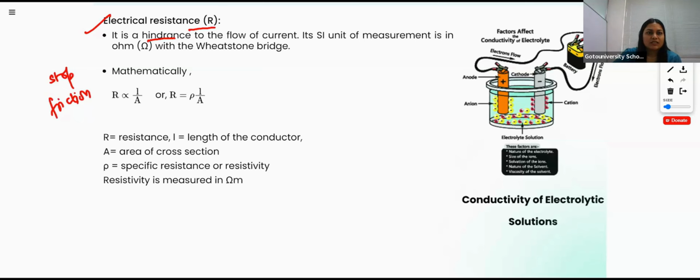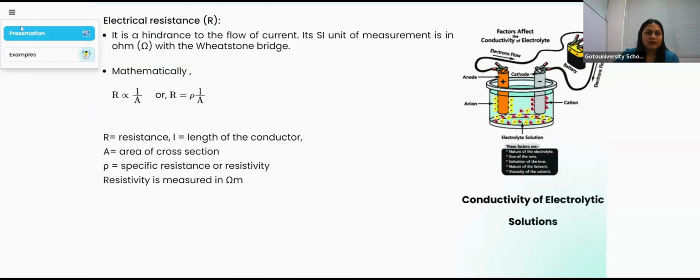So as you can see here on the screen, we were doing in our previous class the chapter Electrochemistry, where we have studied and covered some important topics such as the Nernst equation. We have done electrochemical cells. We have done the Daniell cell in brief.